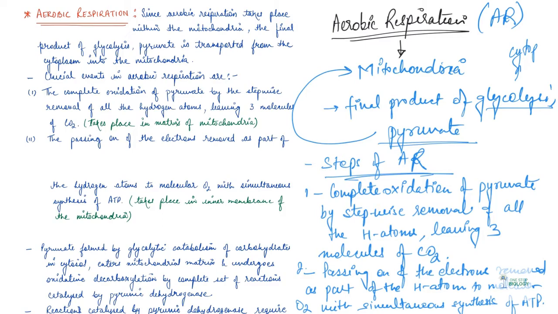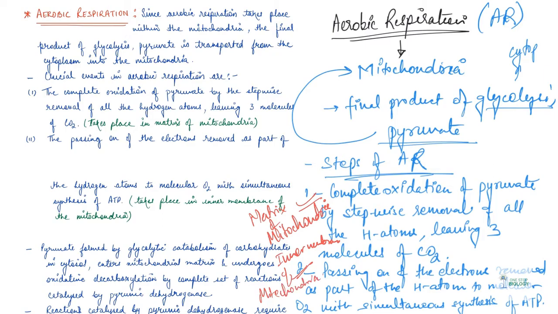Now it is very interesting to note that the first process takes place in the matrix of mitochondria, while the second process takes place in the inner membrane of mitochondria.